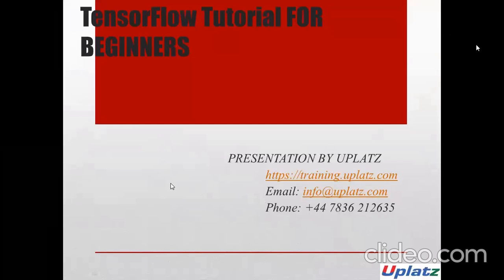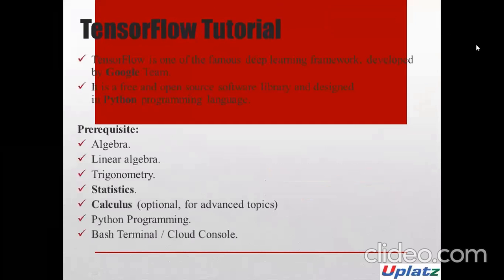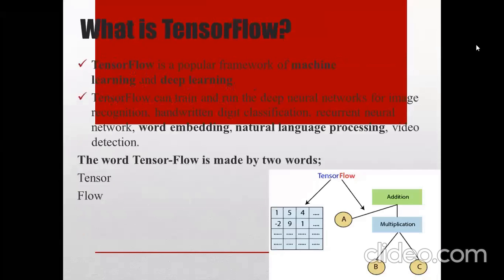TensorFlow is based on graphical computation. It allows the developer to visualize the construction of the neural network with TensorBoard. All these definitions and terminologies you will understand clearly later.